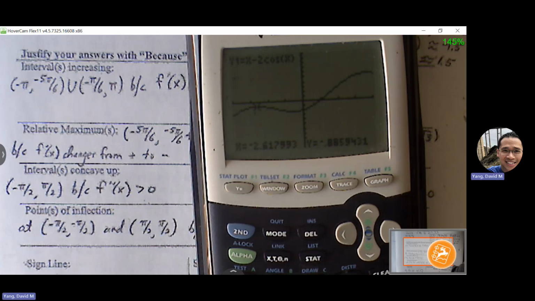It's pretty close. And now I can do second trace, minimum. Go to the left of the root, hit enter. Keep going to the right, hit enter now. Hit enter a third time. It's going to find it for you.